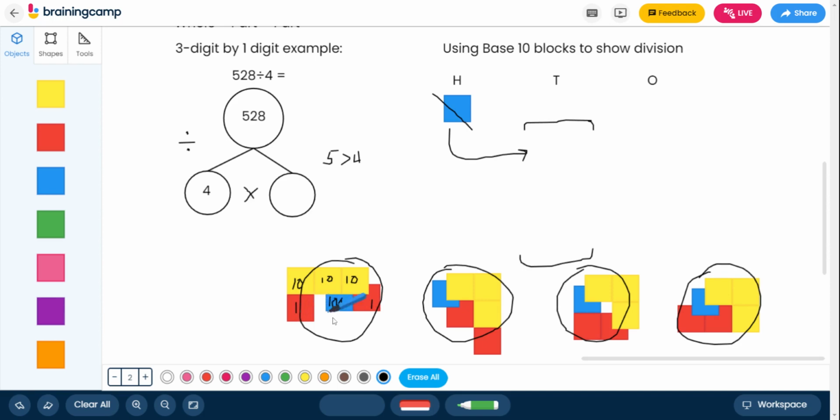And let's count that up, or add it up. 100, 110, 120, 130, 131, 132. 132 is how many we have in the first group here, right? 100 plus 30 plus 2, 132.